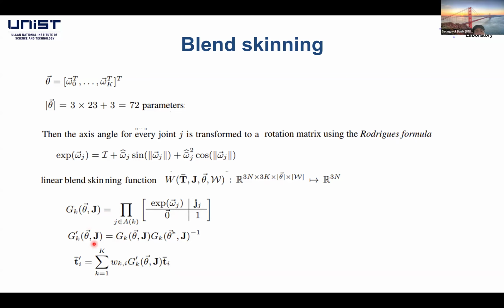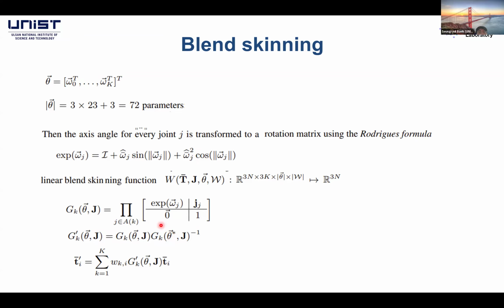And also, we have to make them into G prime K by reducing the influence of the mean pose. Okay, so I said A pose or T pose, that's the mean pose, right? This theta star means that mean pose.